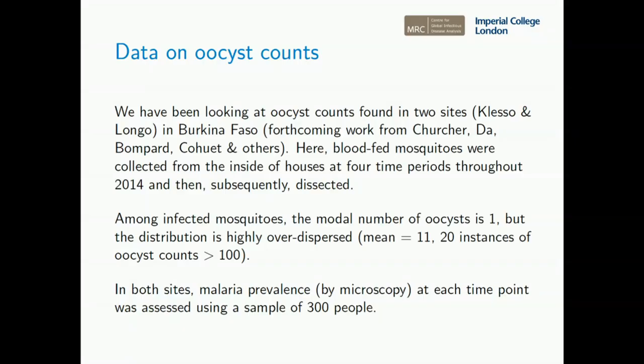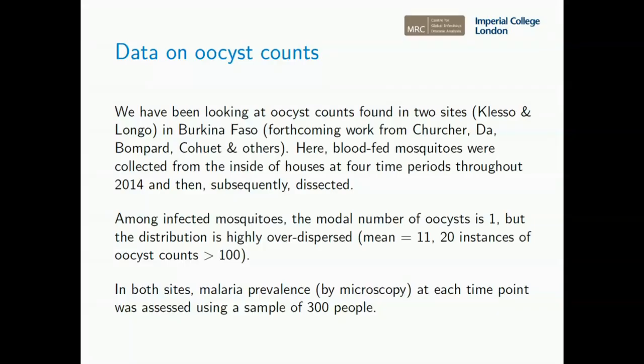This was done at 4 different time points during 2014. As you often find with this sort of oocyst data, it's highly over-dispersed. The modal number of oocysts among successfully infected mosquitoes was 1, but the mean was 11, and there were a very small number of extremely high counts.